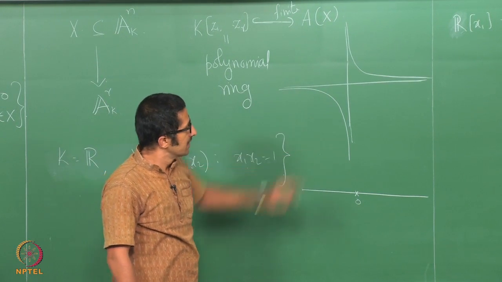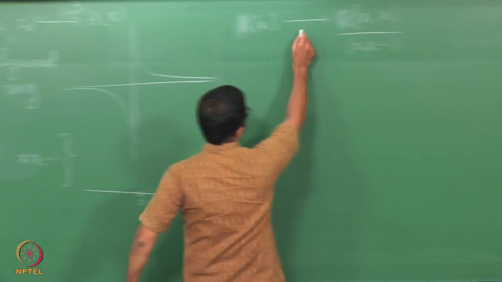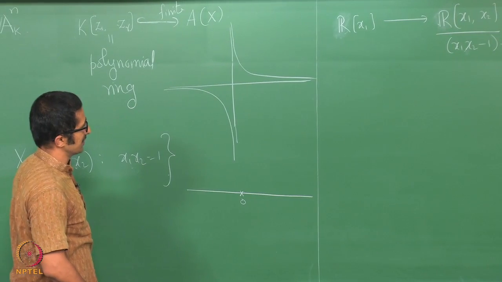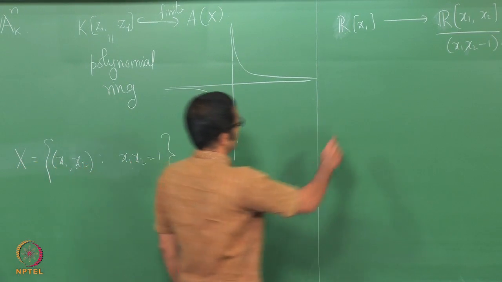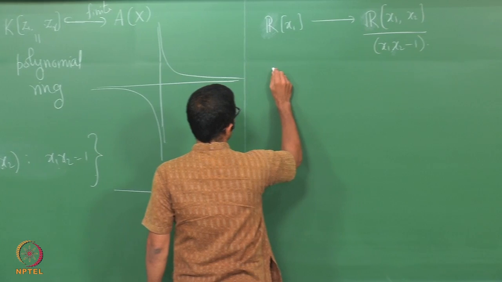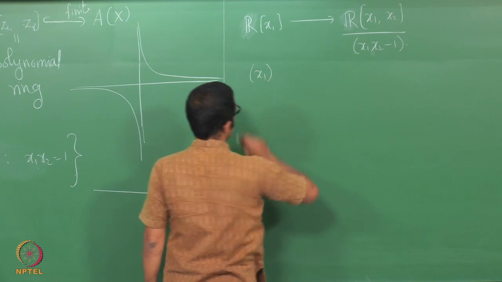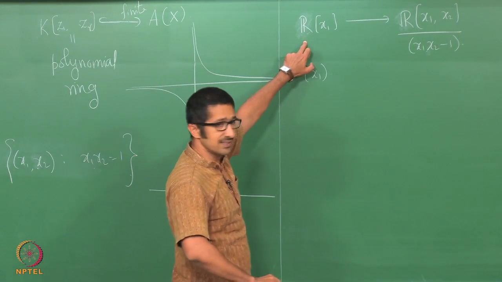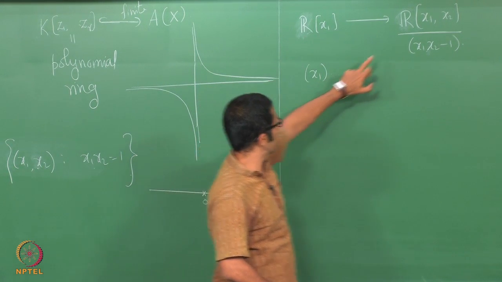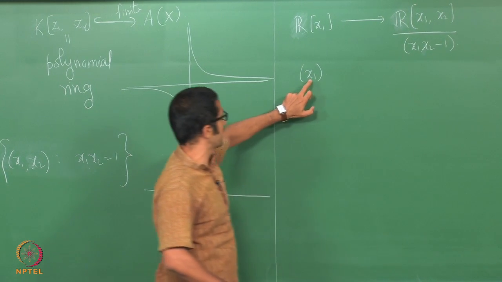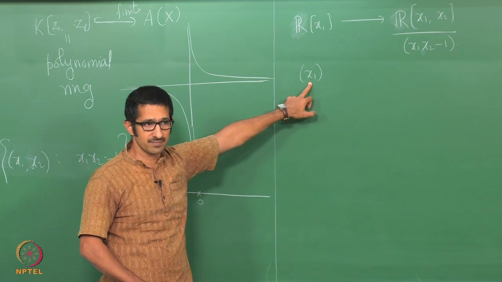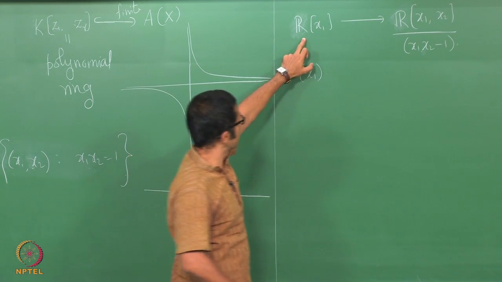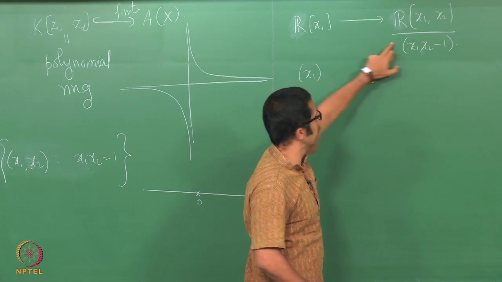Now, if I look at the ideal generated by x1 here, there is no prime ideal here that is lying over x1. Therefore, this does not become a finite extension.